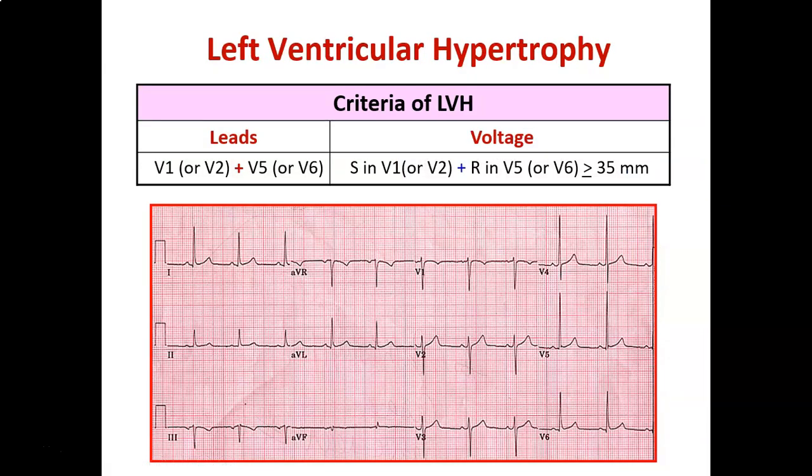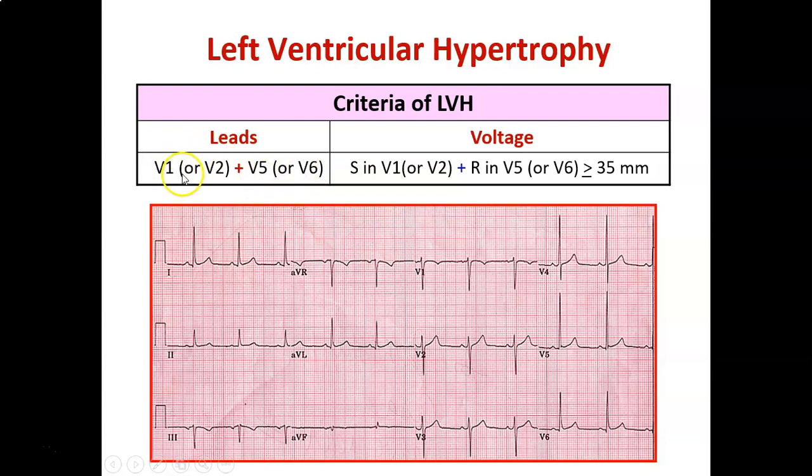Now we have two ventricles, the left ventricle as well as the right ventricle. So there are different criteria to look for hypertrophy in each ventricle. In case of left ventricular hypertrophy, there are many criteria. One of them is the voltage criteria, where you will look at lead V1 or V2, wherever there is a deep S wave, plus V5 or V6, wherever you get the highest positive R wave.